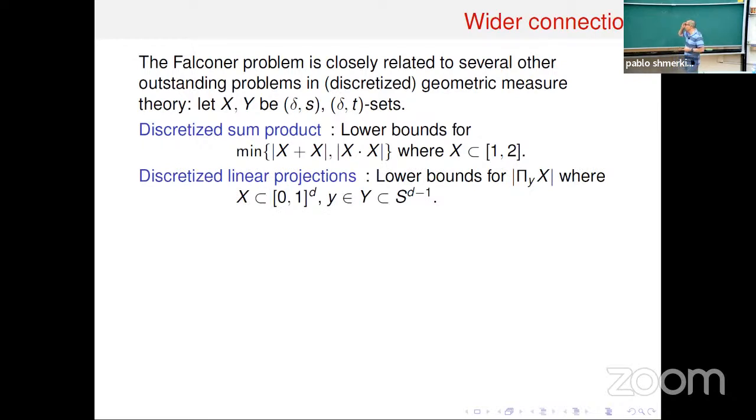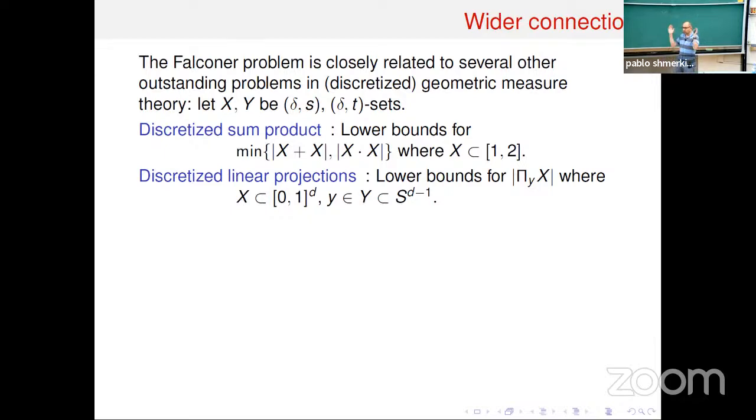So another line is looking at orthogonal projections. This is a very classical topic in fractal geometry. And then one can also look at this in this discretized setting. I want to emphasize here that we have a set that we are projecting in R^d, and let's say we project to R. We can also look at higher rank projections, but let's say we project to R. We have some set in the circle or in projective space that gives us the direction, but I'm not looking at all or almost all directions. That is quite well understood.